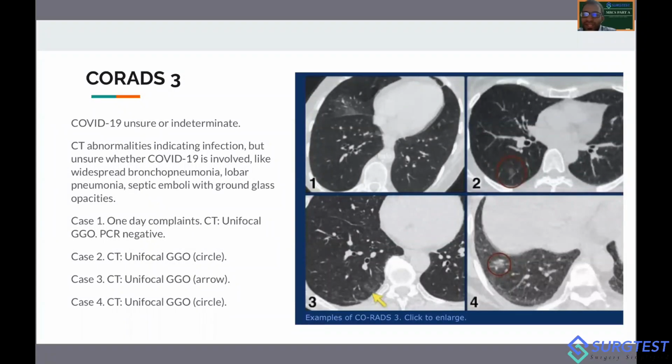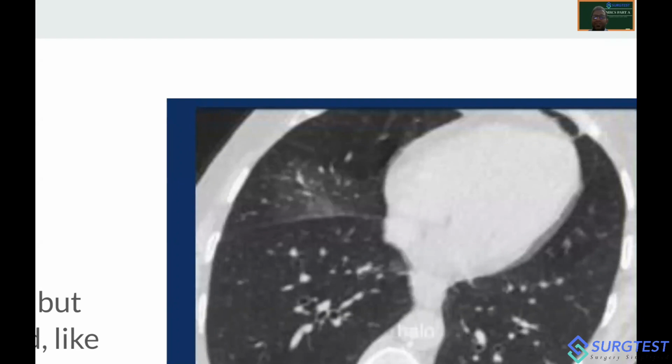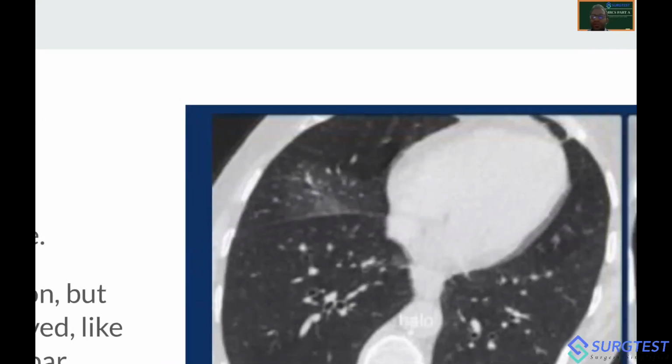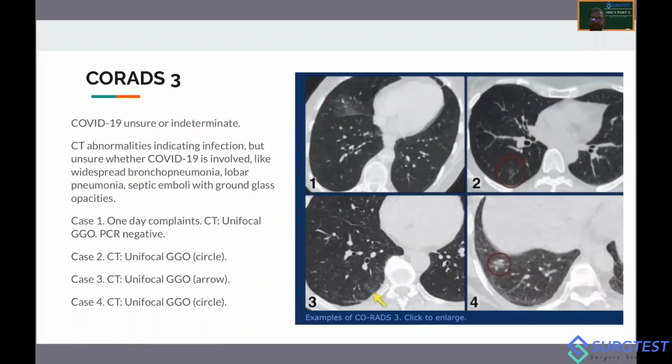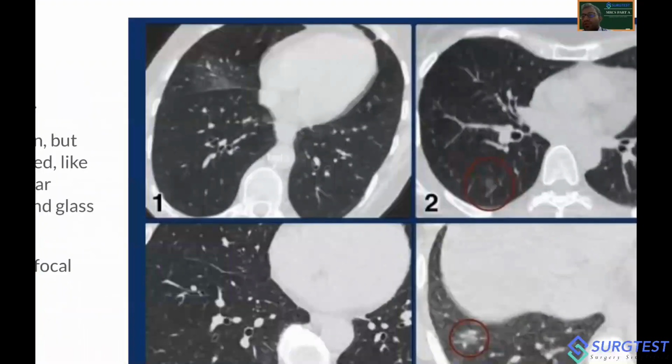In CORADS 3, I've presented a series of cases, 1, 2, 3, and 4. In case 1, image 1, you see no other finding except unifocal ground glass opacities. Can you see over here? Yeah, so this is unifocal ground glass opacities. In case number 2, it is again unifocal ground glass opacities.